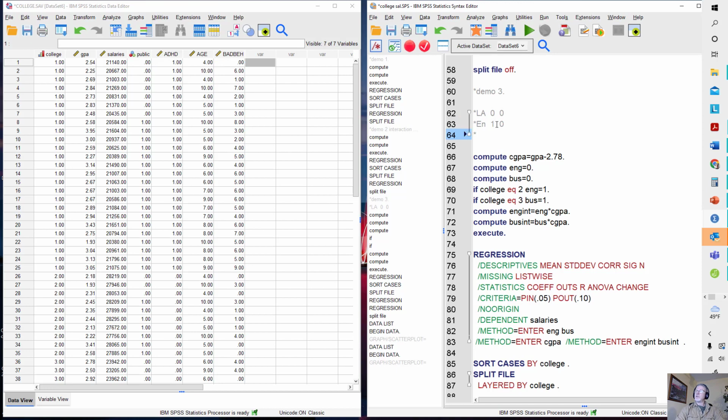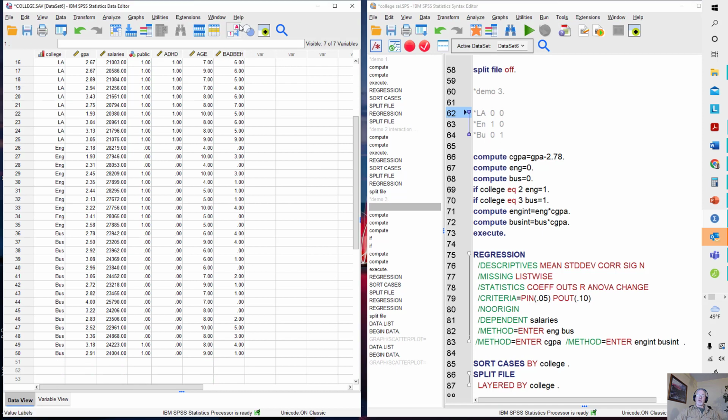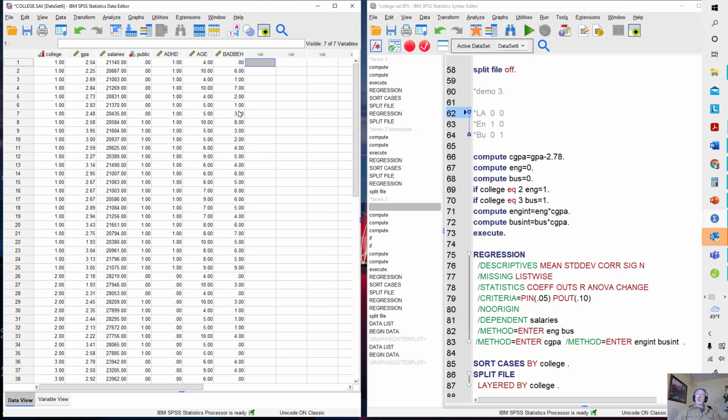And business is 0, 1. So that's what I'm going to use as my coding scheme. The liberal arts are starting off as 1s, engineers as 2s, and business as 3s in the data set. I also have GPA, I have the salaries. We're going to ignore these parts of the data here for our purposes right now.